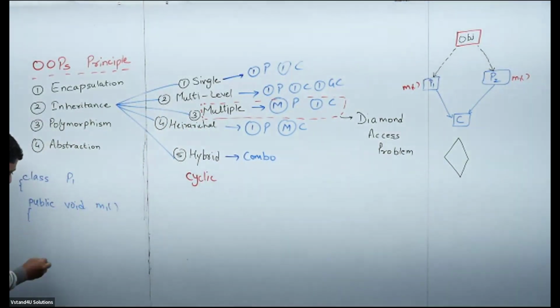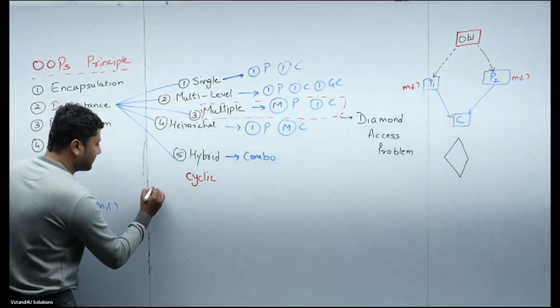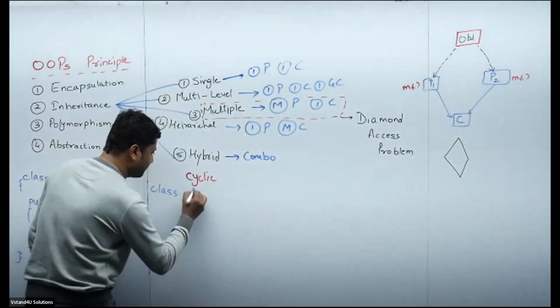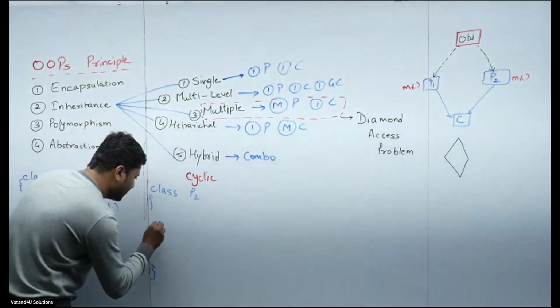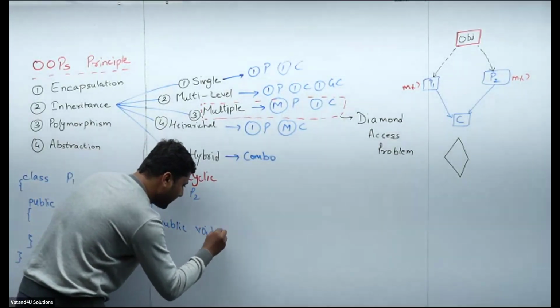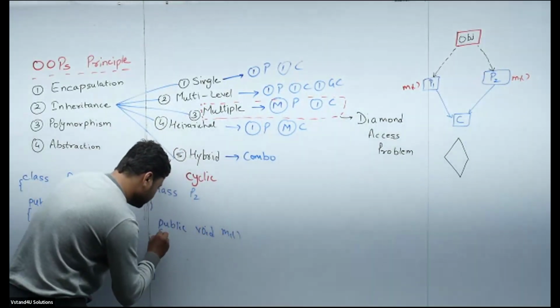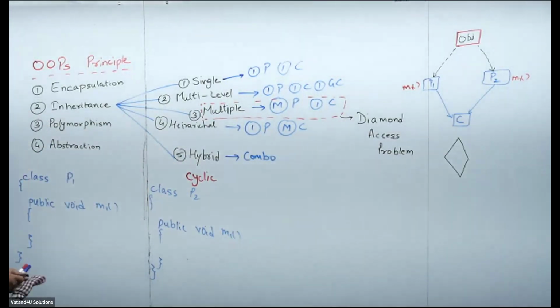In this, I am writing one SOP. Then another class I have created, class P2. In this class P2, again I am writing the same method, public void M1.